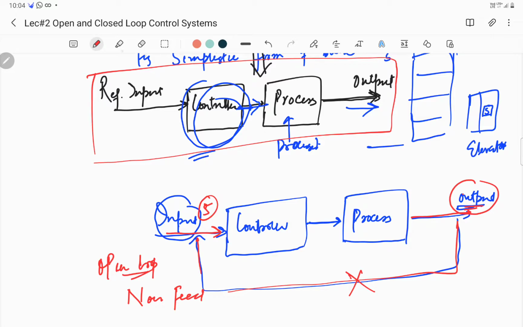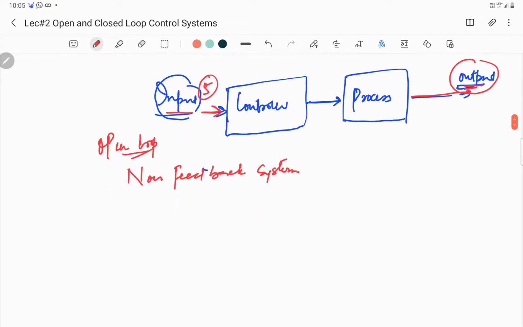The second one, without this line, is a representation of an open loop system, non-feedback systems. Now let me explain what I mean by open loop systems.